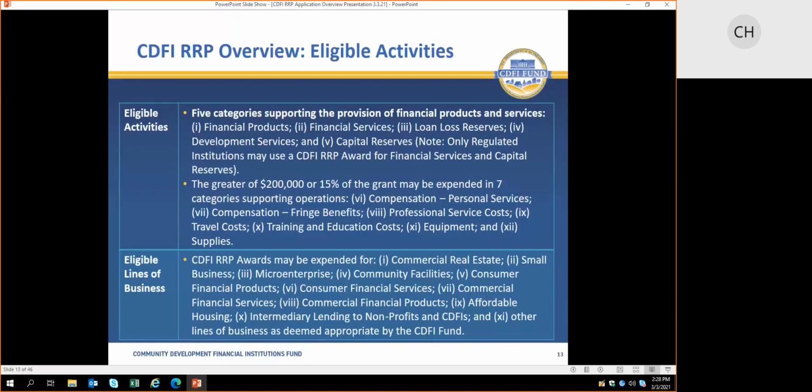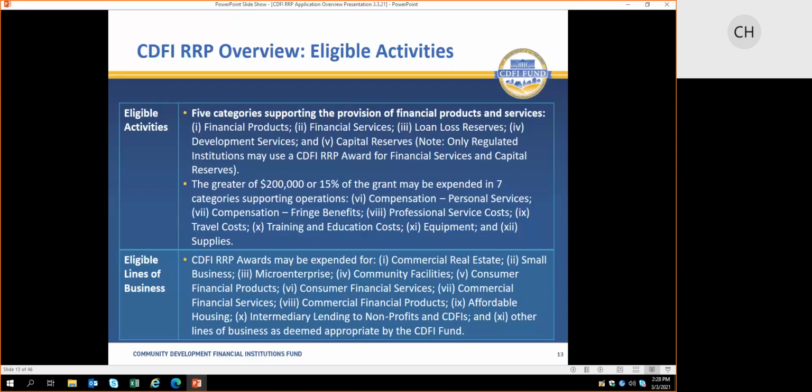So an organization can expend the total amount of the award on eligible activity categories supporting the provisions of financial products and services. So financial products, financial services, loan loss reserves, development services, and capital reserves for our regulated institutions.